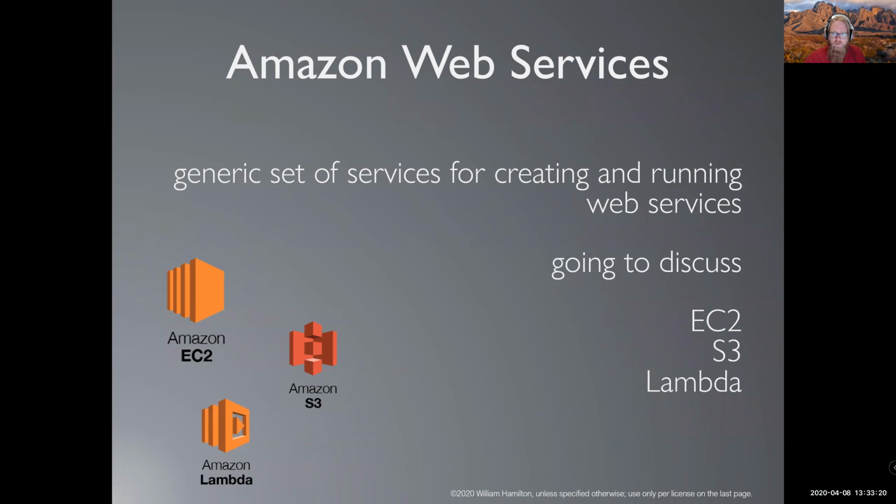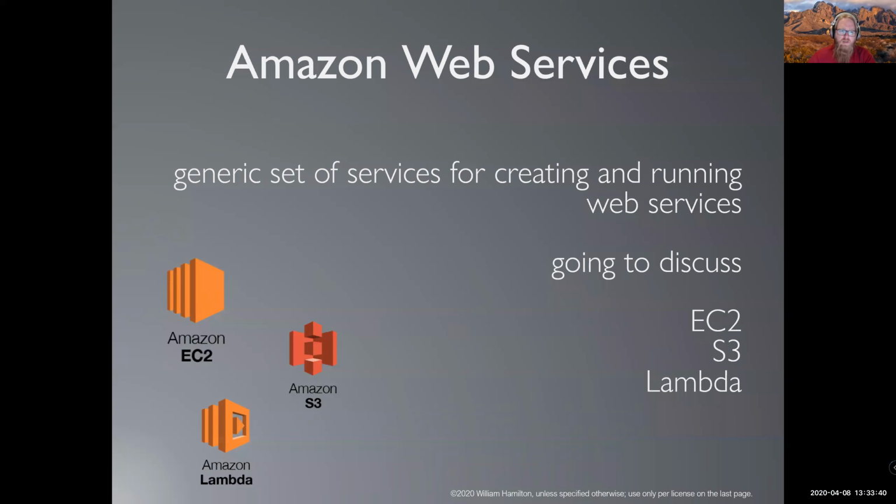We're going to talk about three of them in particular today. However, there are many, many more services that they have available. These just seem like some of the primary ones of interest that are maybe most useful for you.